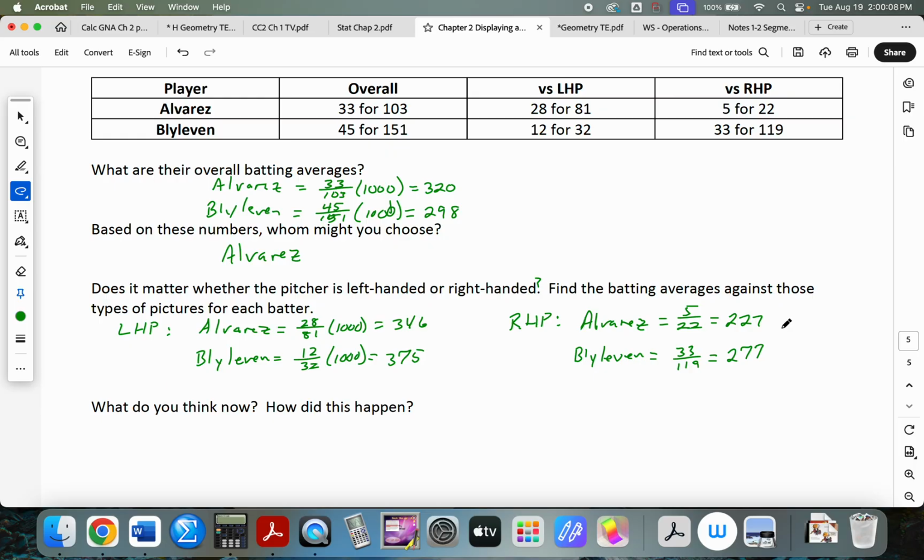Who hit a bunch against right-handed pitching compared to the other one? Blyleven hit a bunch against right-handed pitchers. Alvarez, not so much. And since they're both worse against right-handed pitchers, that lowered his overall batting average.